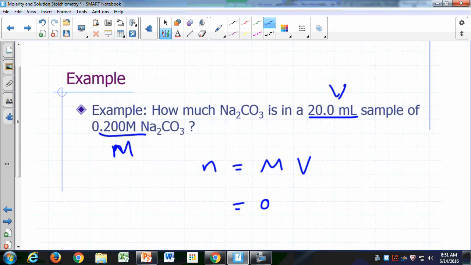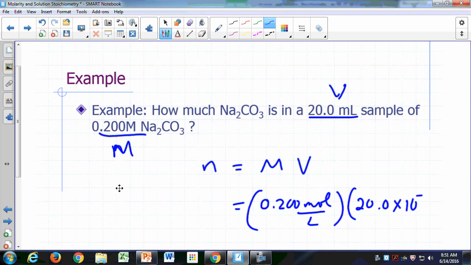So molarity is 0.200 moles per liter, and our volume is 20.0 times 10 to the negative 3 liters. Note that milli means 10 to the negative 3, so milliliter is times 10 to the negative 3 liters.